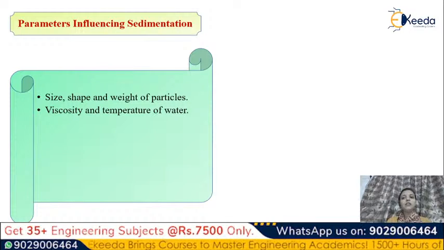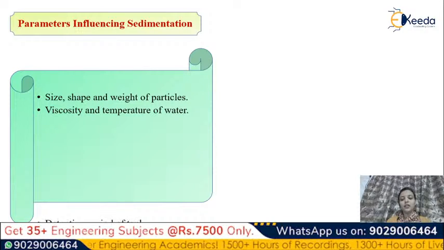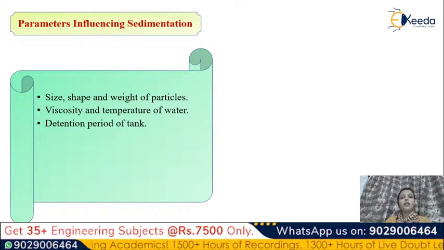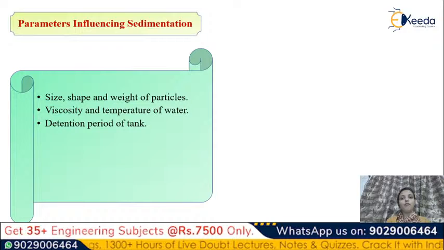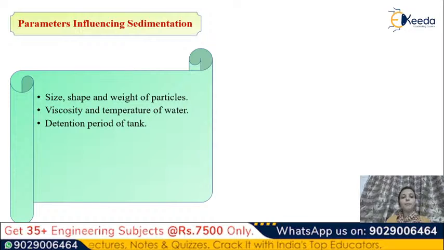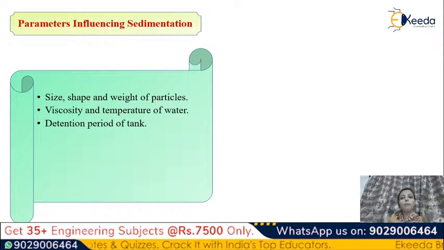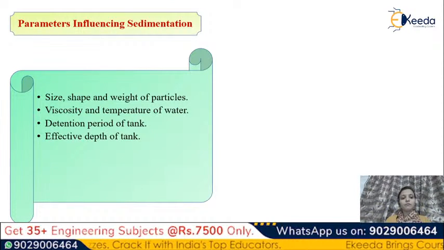As temperature decreases, fewer particles will settle down. And again, temperature is inversely proportional to viscosity. Higher the temperature, less viscous the fluid, and lower the temperature, more viscous the fluid. The third parameter is detention period. More the detention time, more particles will settle down.